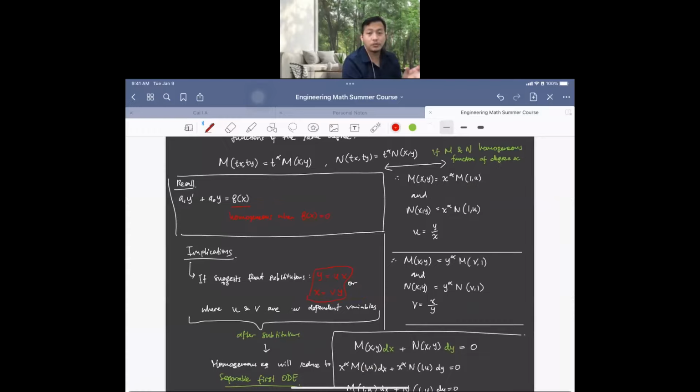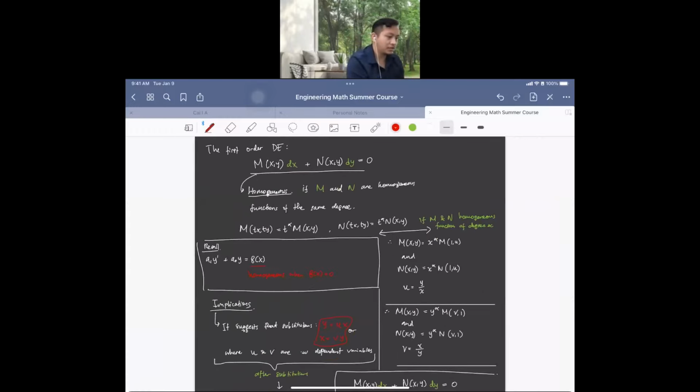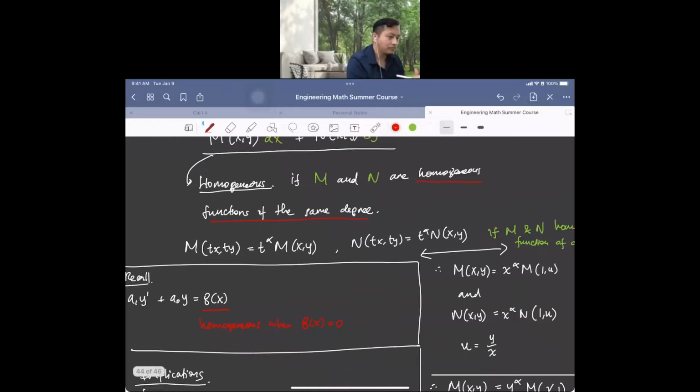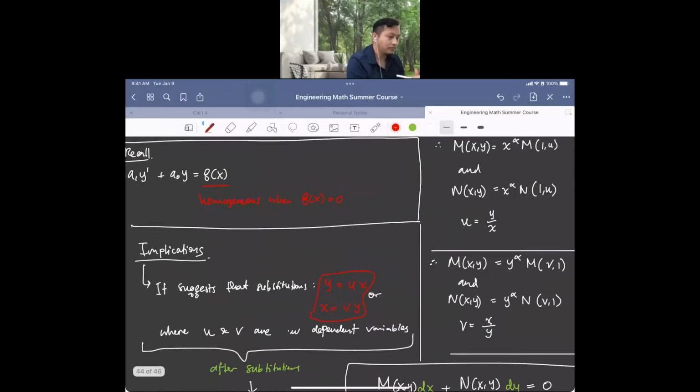So this is for the homogeneous function of the same degree. You can have y equal ux or x equal vy, so u is y over x or v is x over y. You can substitute and solve the separable differential equation at the end and convert back to the original equation.